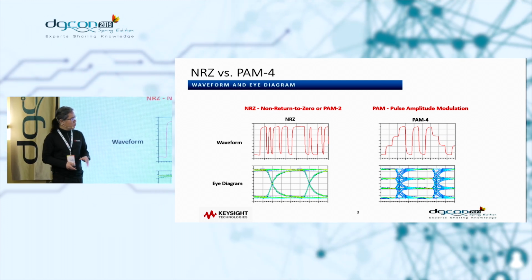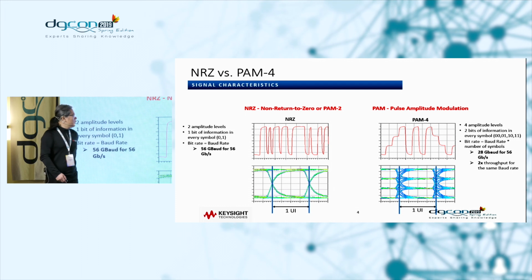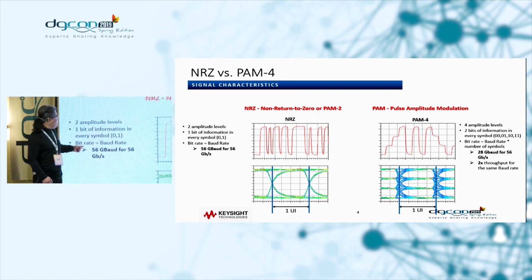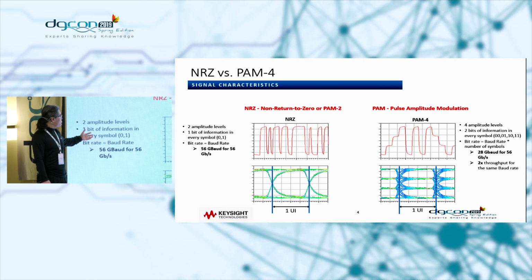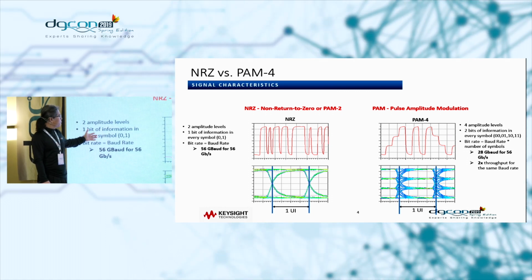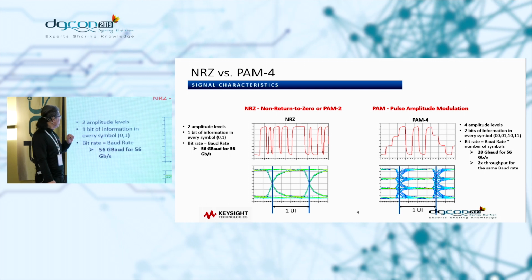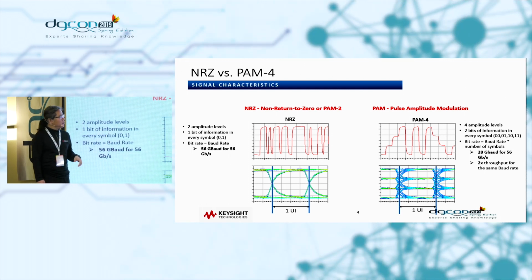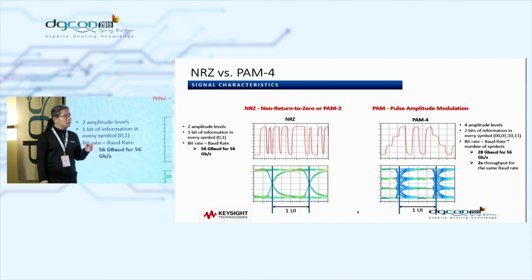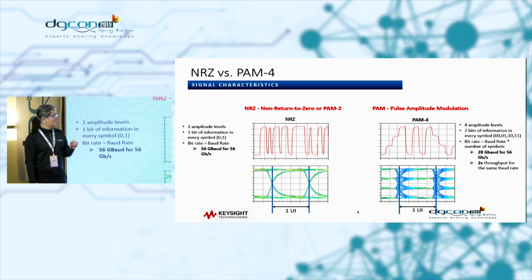With NRZ or PAM2, it transfers 1 bit of information, which is 0 or 1. But with PAM4, it is sending 2 bits along with that symbol. So you can see 0 0, 0 1, 1 0, and 1 1.